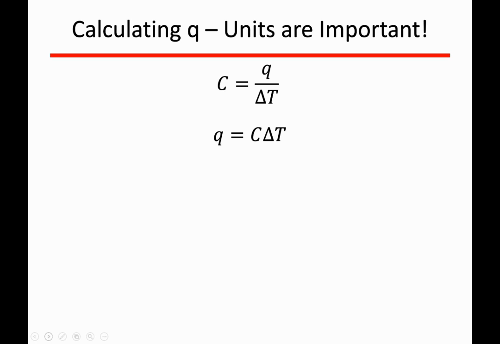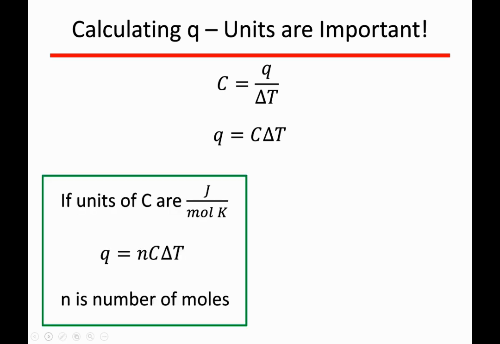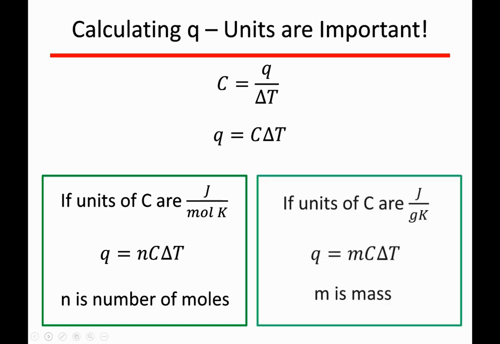And the variations that we would come up with will be heavily dependent on the units of heat capacity. So if, for example, you see that heat capacity is given to you in units of joules per mole per Kelvin, then you would need to multiply by the number of moles, giving you Q equals nC delta T. If, on the other hand, you're given a heat capacity that's in units of joules per gram per Kelvin, then you would need to multiply by the mass instead of by the moles, right?